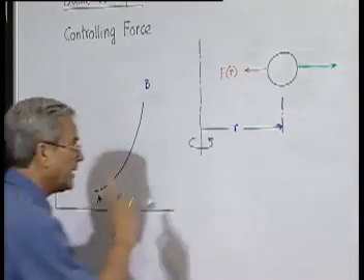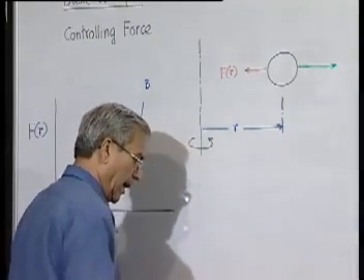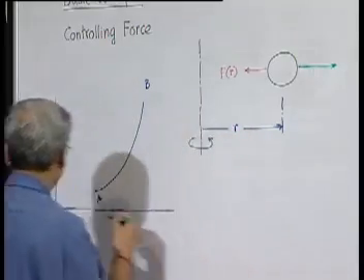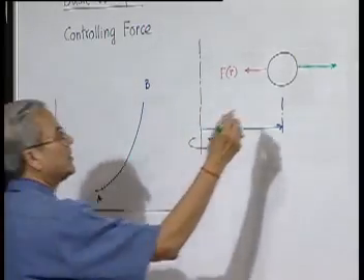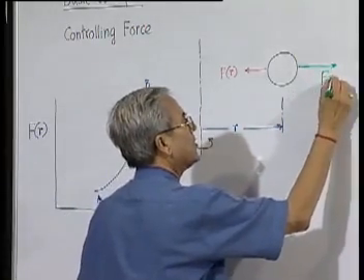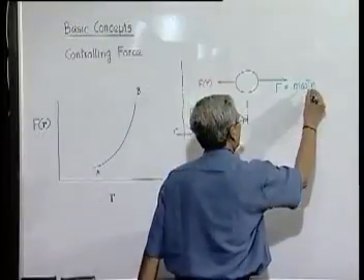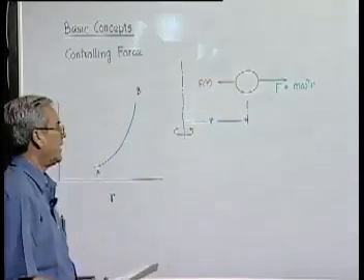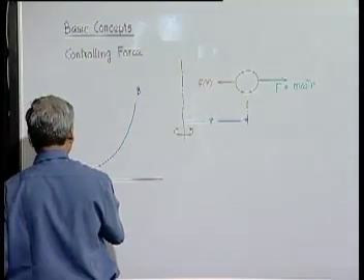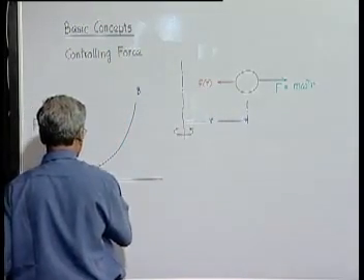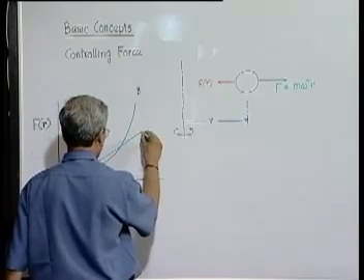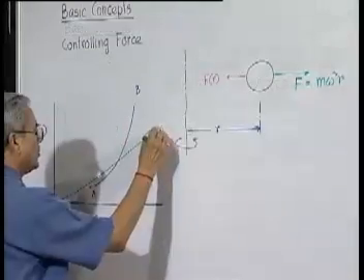Now, when it is rotating at some speed, the force which is generated, the centrifugal force, is nothing but m omega square r, where m is the mass of the sphere. If you plot this for a particular speed omega, it will be a straight line.